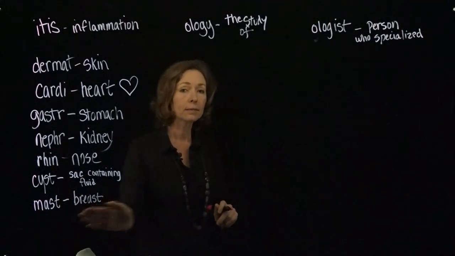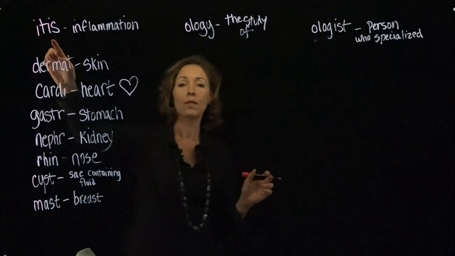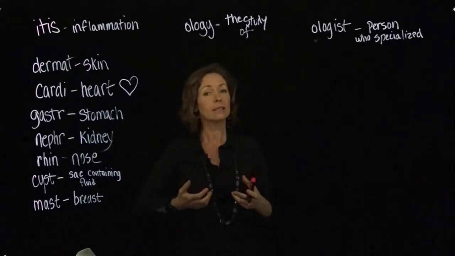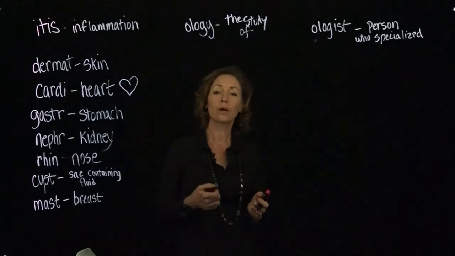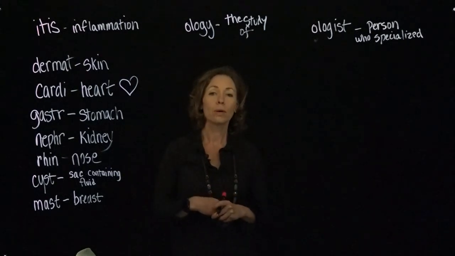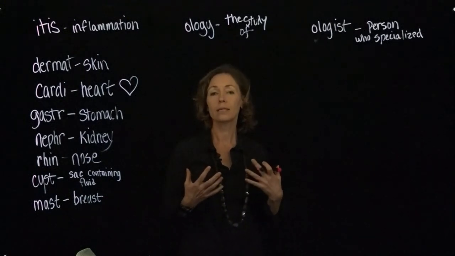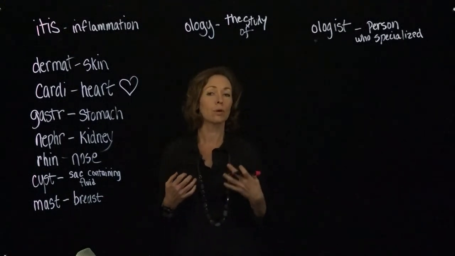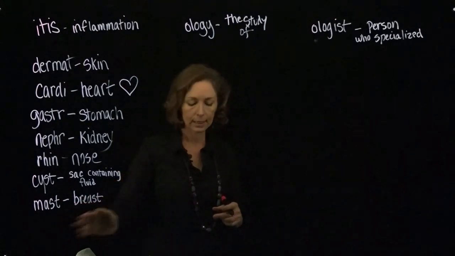We're going to learn ectomy in another lesson, but right now if you put mast with itis and got mastitis, that's an inflammation of the breast, and you might hear that if you're working on a postpartum unit or with women who have recently had babies who are breastfeeding and their breast gets inflamed, sore, there's a problem with the milk emptying and they have mastitis.